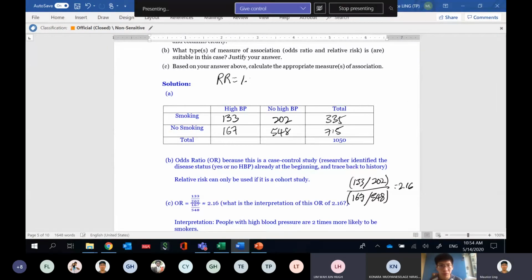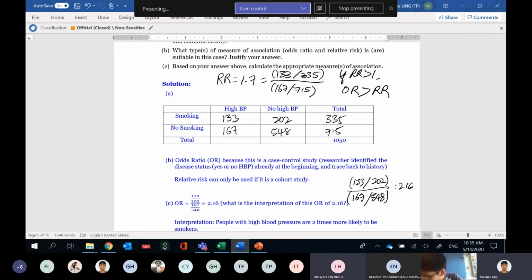Yep, 1.7. So it's actually 133, and the denominator is changed to 335, over 167 divided by 715. So you realize that if the relative risk is more than 1, the odds ratio will be larger than the relative risk. Because the denominator is the one that changed.